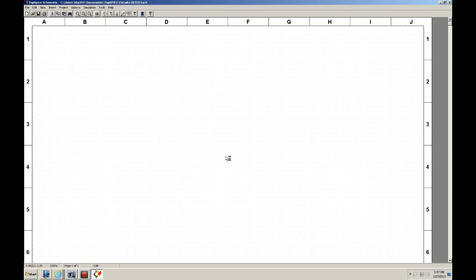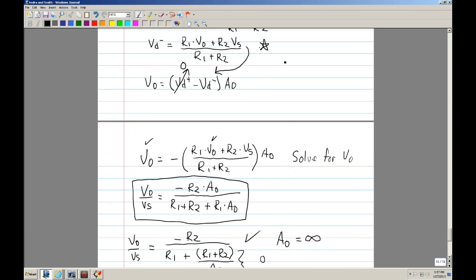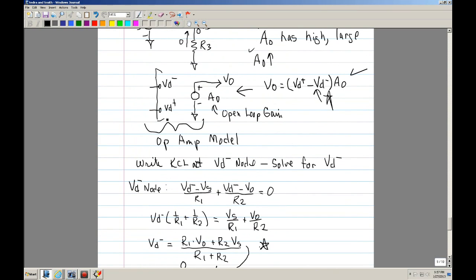Let me go back and make a point that the SPICE model that I've been using is actually a voltage controlled voltage source. That's what it is.